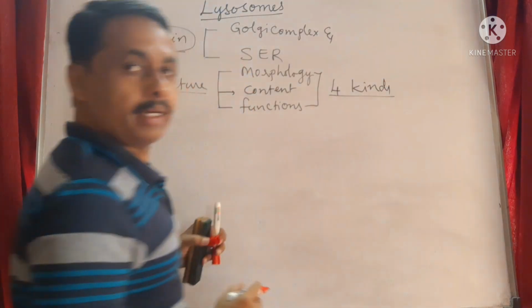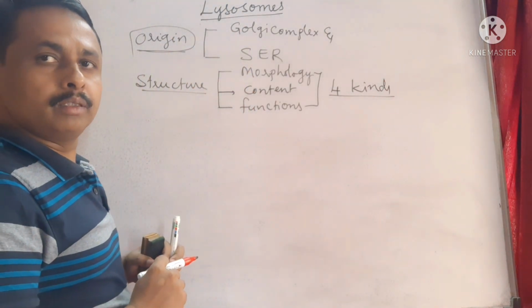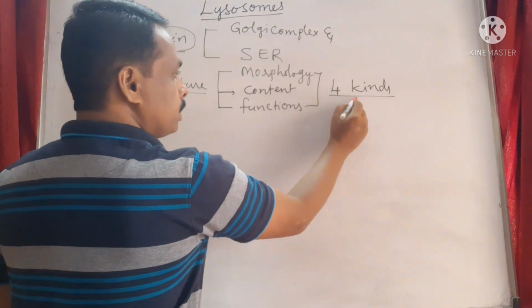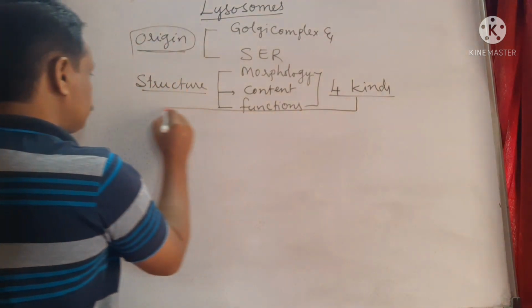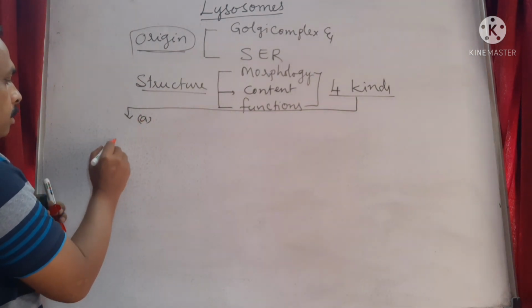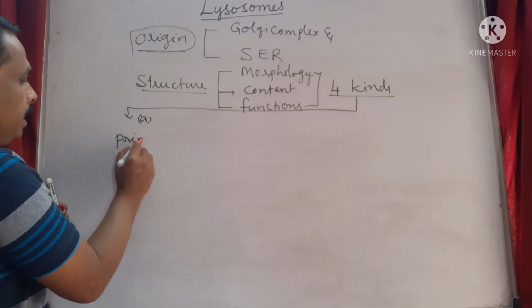What are the 4 kinds? Let us look here. One is primary lysosomes.